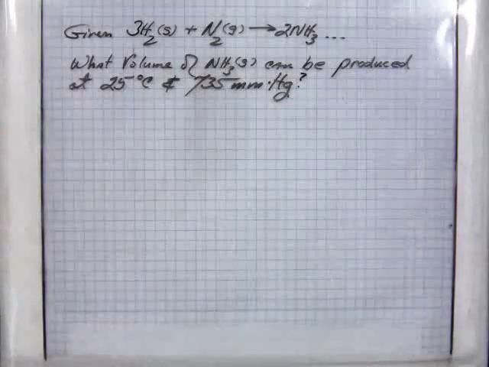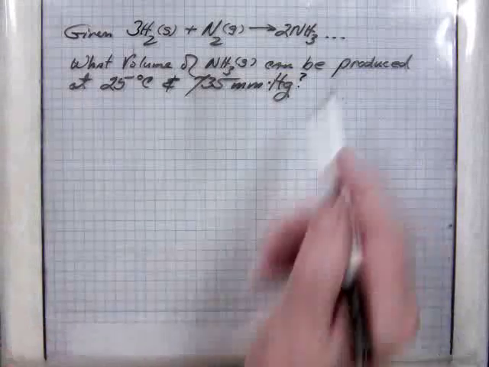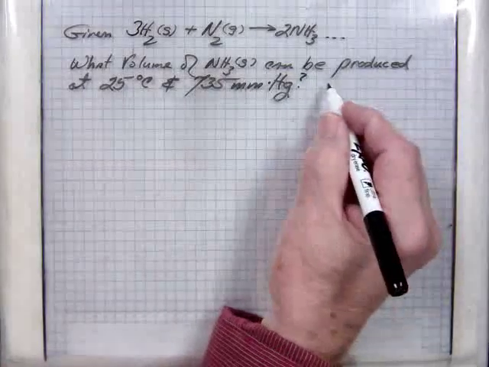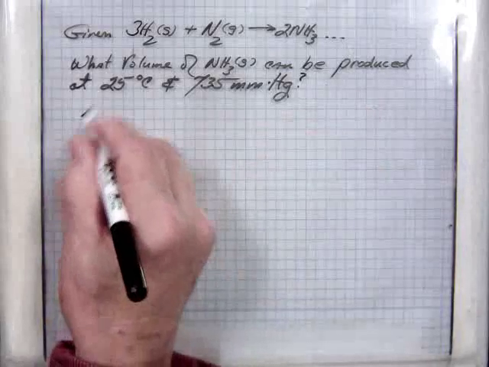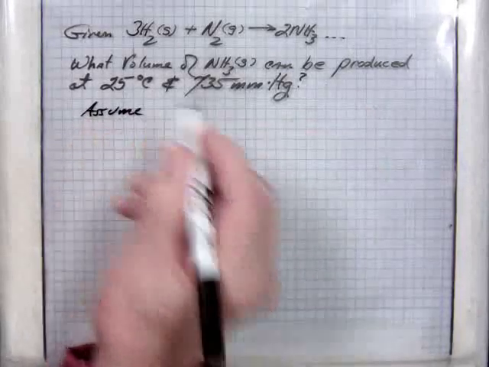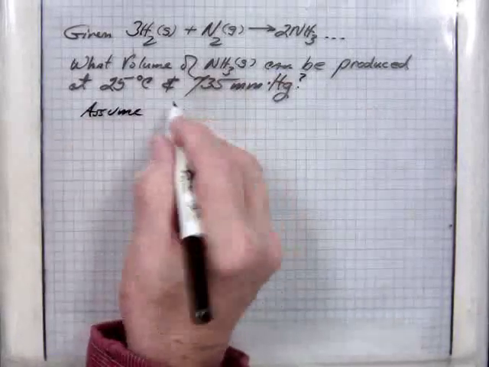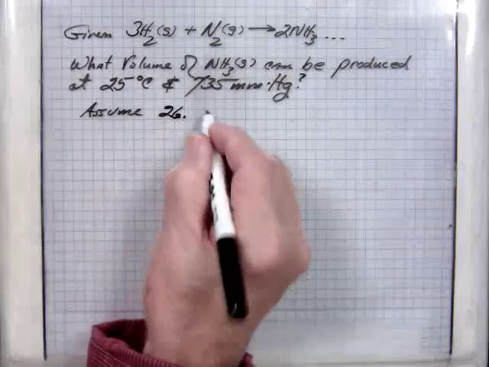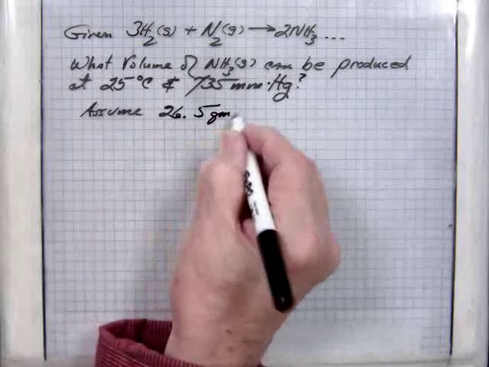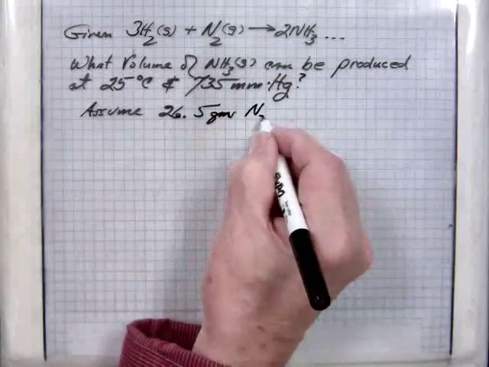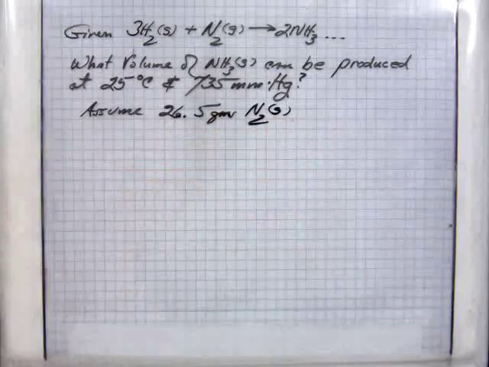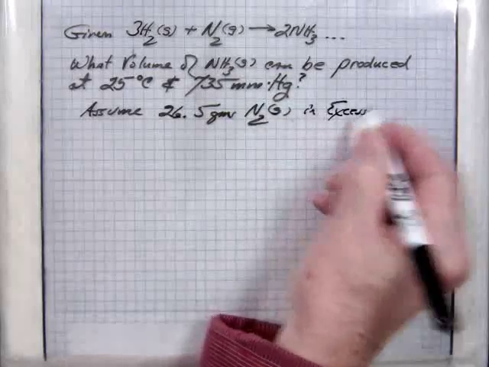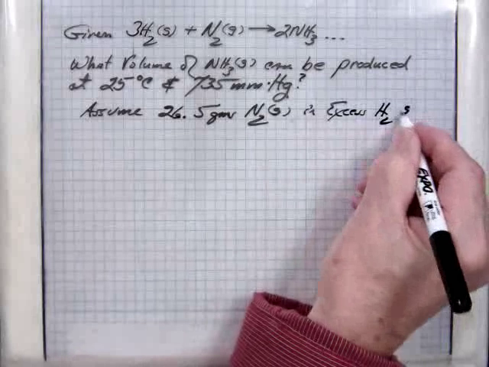When you look at this problem, what volume can be produced at 25 degrees, let's say we assume 26.5 grams of N2 gas in excess H2 gas.